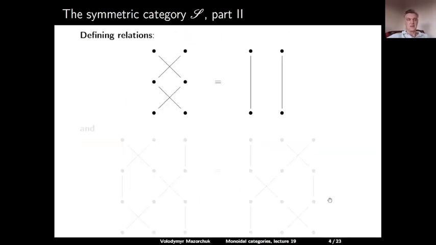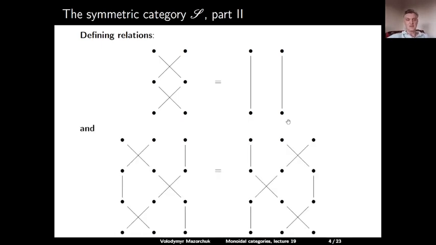Next, let us describe the defining relations. This is a symmetric braiding, so if we square this crossing, we should get the identity morphism, of course, on V tensor V. And here is the second relation, which one can recognize as the short braid relation for the symmetric group.